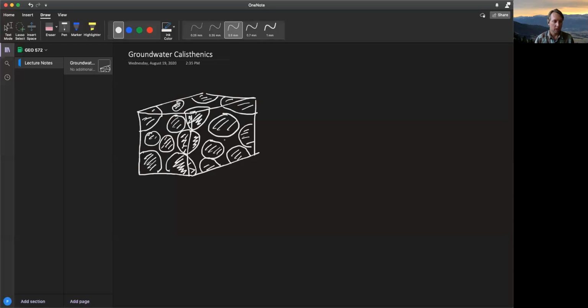All right, so we've got this REV, which is a representative elementary volume of porous media here.